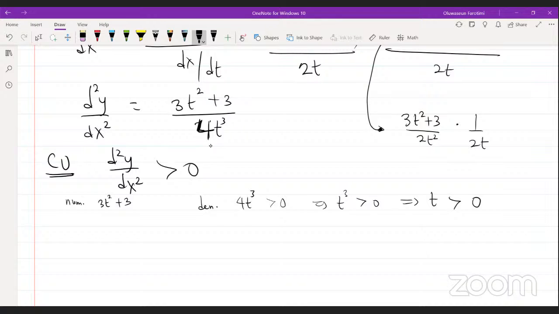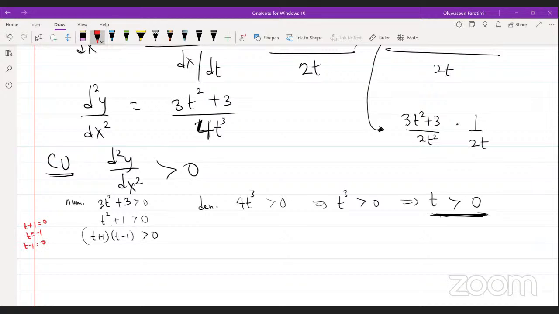In this case, for what value of t will the numerator be bigger than 0? Think about it. You have this t squared plus 1 bigger than 0. That has to be the condition. Let me show you, there's no magic. If t plus 1 equals 0, then t is negative 1.